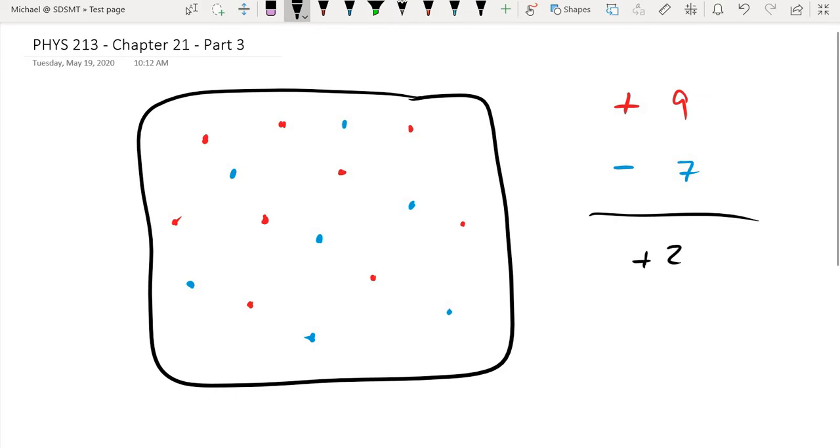So now that we have an excess amount of charge within our system, what is that excess charge going to do? And what are the positive and negative charges in the system going to do?